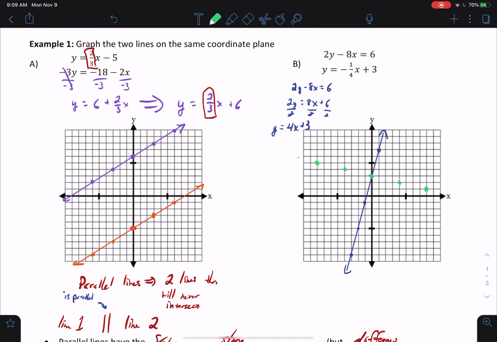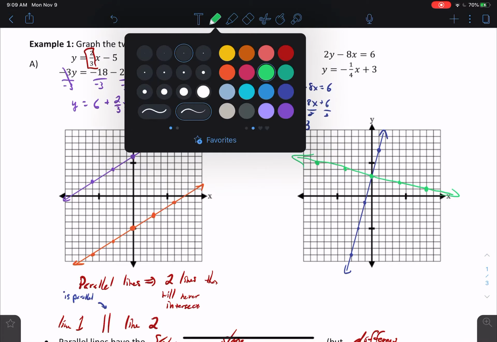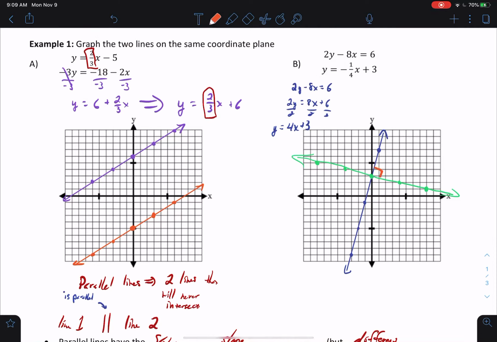All right, so if I were to graph that, this is an example of perpendicular. And perpendicular lines intersect at 4 right angles. Okay, so perpendicular lines are two lines that intersect to form four right angles.